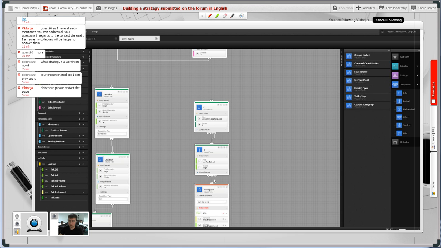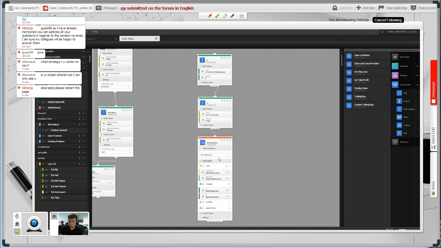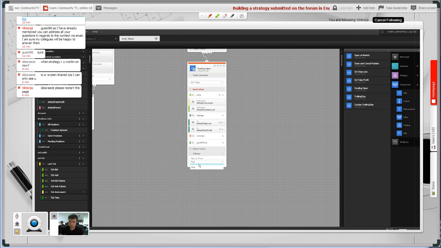If it's below, we set buy stop, and it will use ask by default. We set, oops, you can see it.